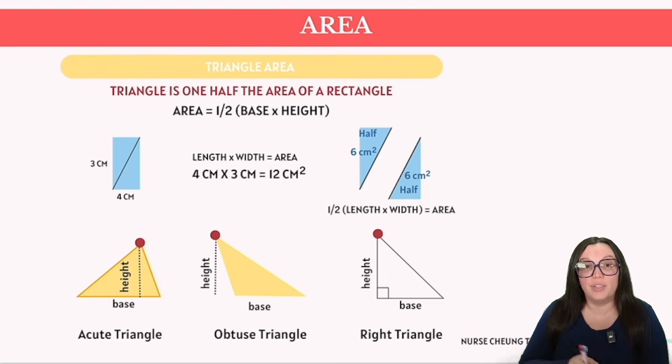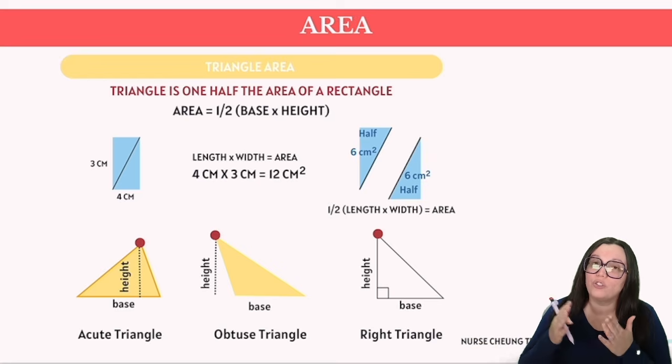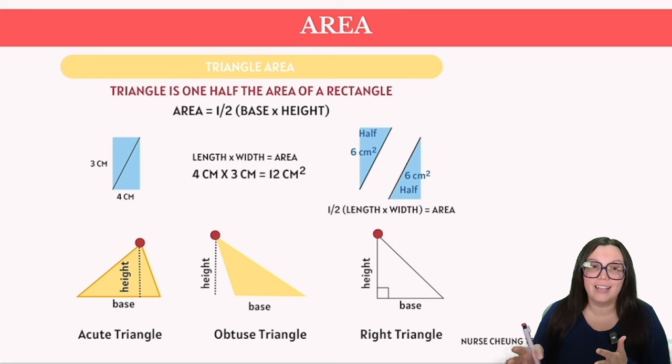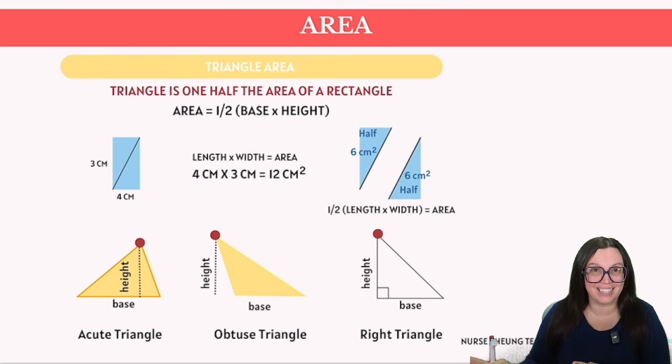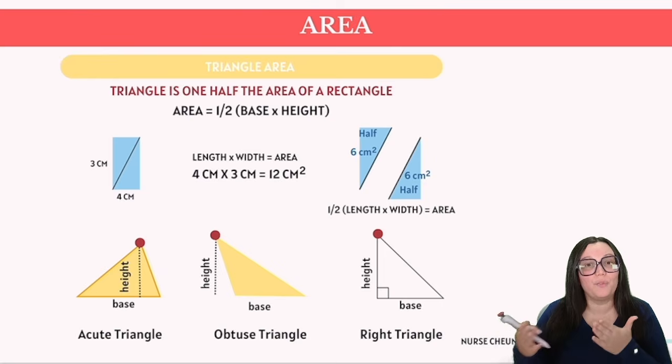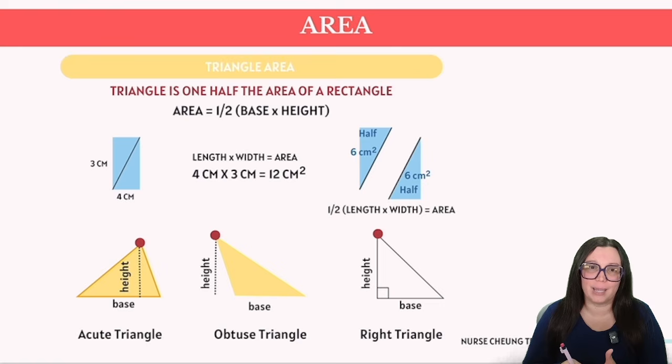Here's the reason. The labels length times width are suitable for a right triangle, as a right triangle forms precisely 1/2 of our rectangle. However, these terms don't fit as well with other triangle types, like we see with acute and obtuse triangles, where it's less clear which side should be labeled what. In the case of these triangles, we adopt a different approach. We select one of the 3 sides as our base.